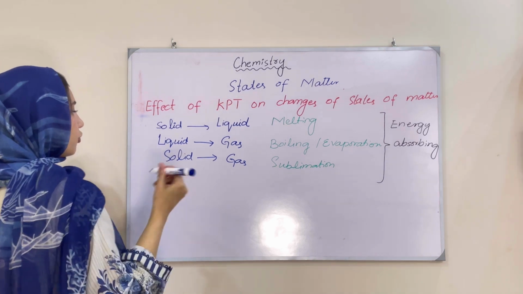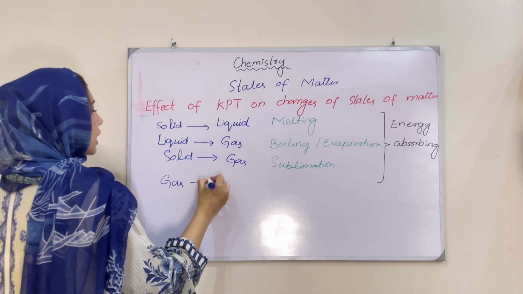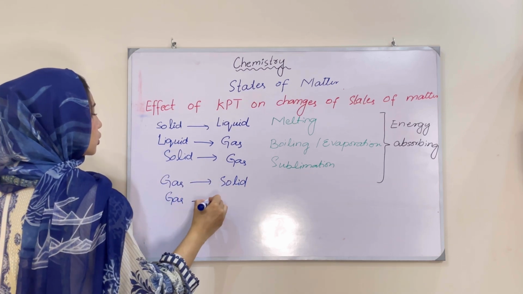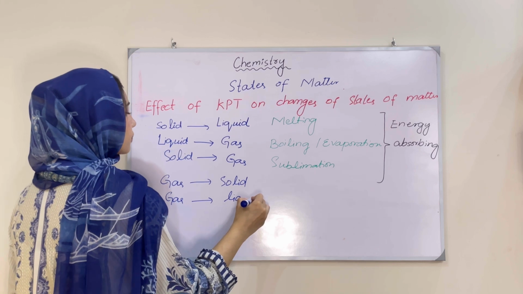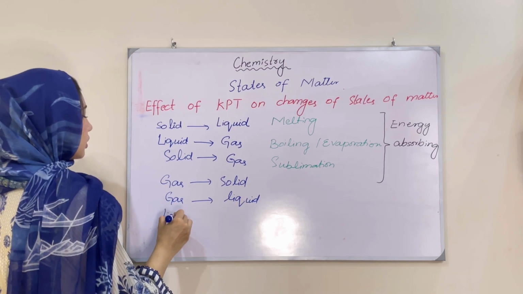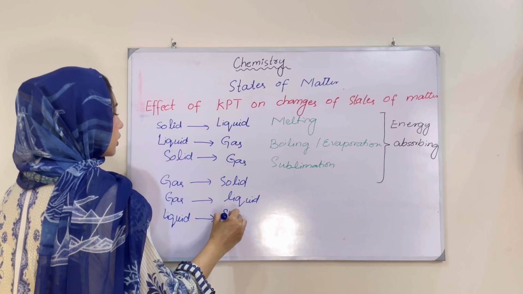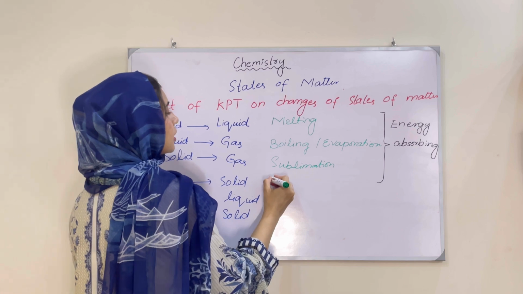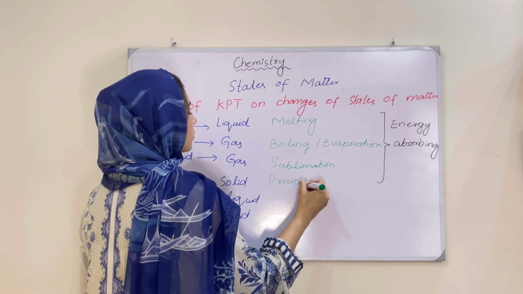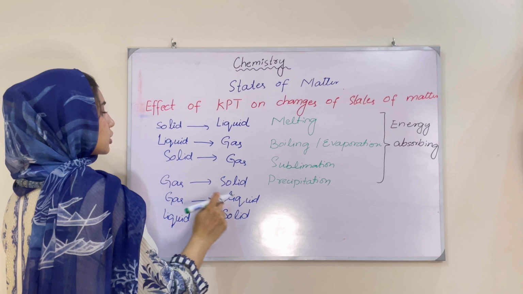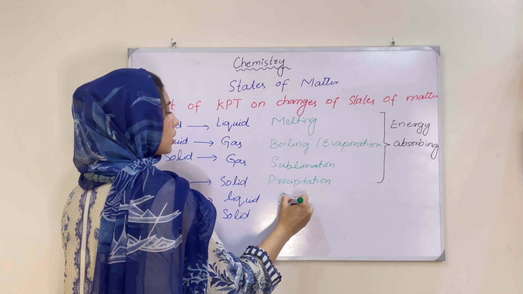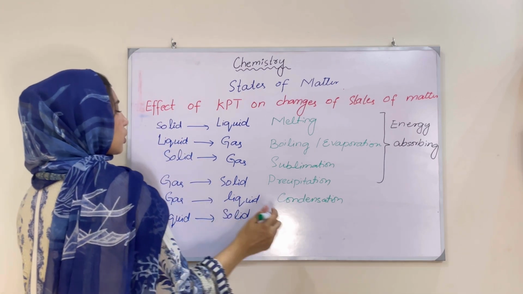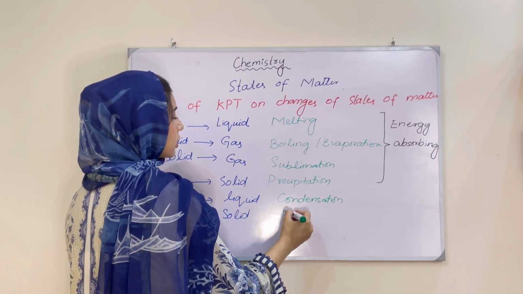Now, if we talk about gas to solid, gas to liquid, and liquid to solid, the names of the processes will be: gas to solid is precipitation, gas to liquid is condensation, and liquid to solid is freezing.